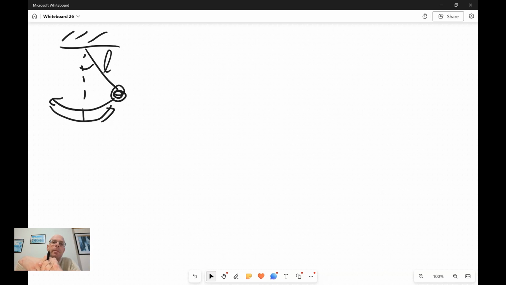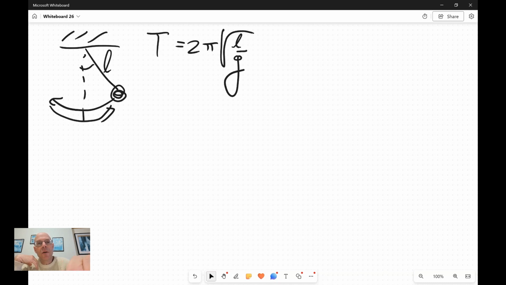So the history of the pendulum is that Galileo Galilei found that for small angles, the period of the pendulum is 2 pi square root of L over g.